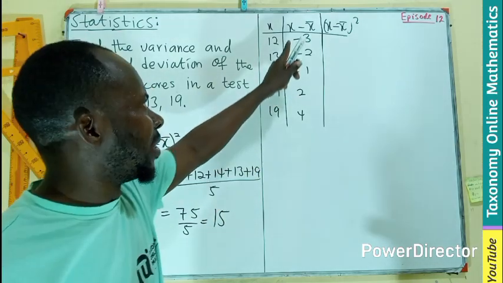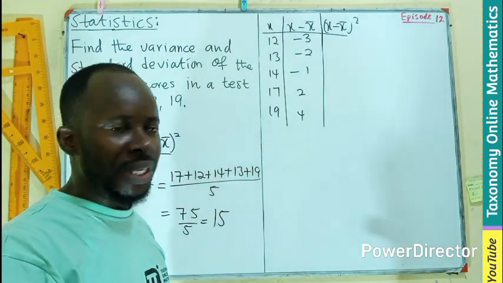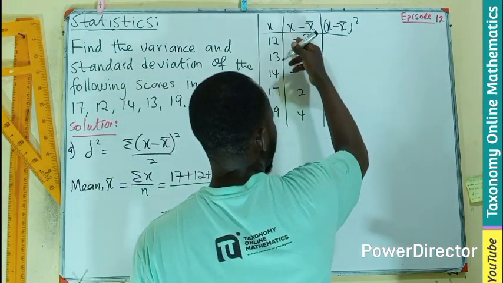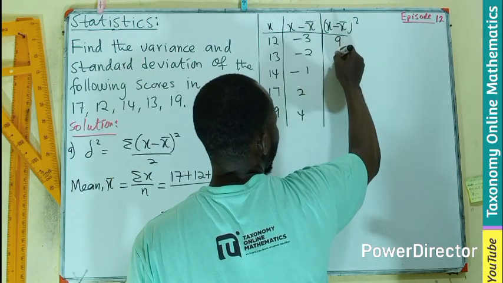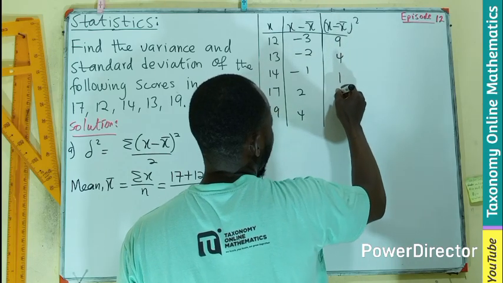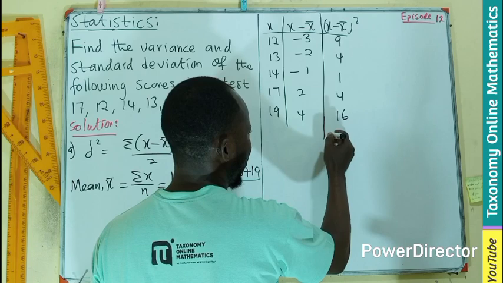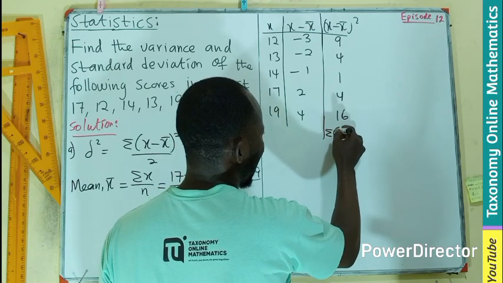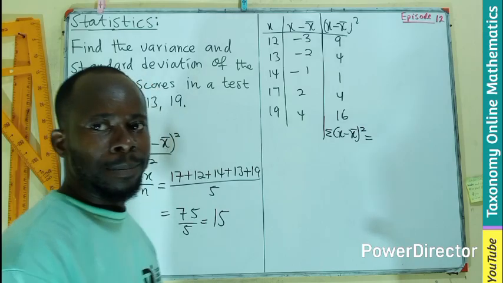The square then means that we are squaring all the values for the deviation. So negative 3 squared, when you multiply, gives positive 9, then positive 4, 1, 4, and 16. So here we are going to have sigma (x minus x bar) squared.